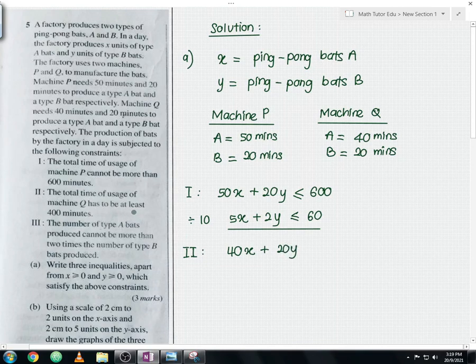Take a look at the keyword here: at least 400 minutes. So the minimum value that you can have is 400, so it should be more than or equal to 400. To simplify, you divide the whole equation by 20. So you should get 2x plus y should be more than or equal to 20. This is your second constraint, so let me underline this.